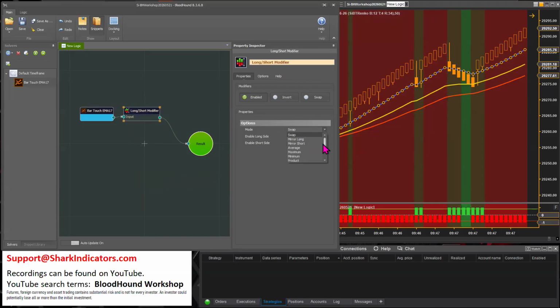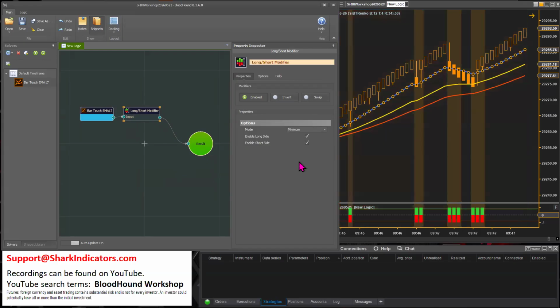There's a couple of modes here that you can use that will effectively give you the same result, but the one I'm going to use is the minimum mode. That means this long short modifier returns the minimum value from the long and the short side.